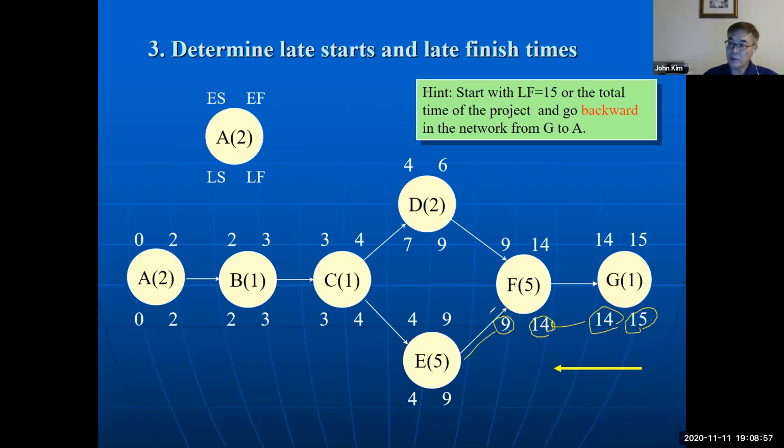Then going this way, same, 9, 9, and 7 minus 2, 7 minus 4. And then going there, maybe 7 and 4 in that case. Only 1 goes there, and then 3 and so on.